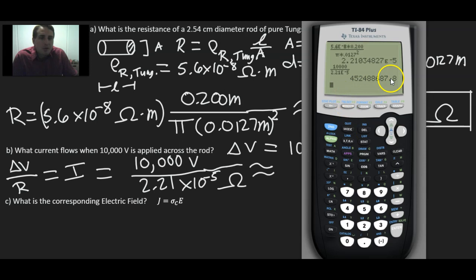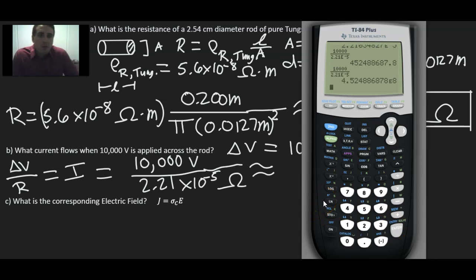So that's a pretty large number. I'd rather have that in scientific notation. So I'll go mode, I'll go to scientific notation, hit enter. I'll second quit, go back to here and recalculate this in scientific notation. Okay, looks a little easier to write down.